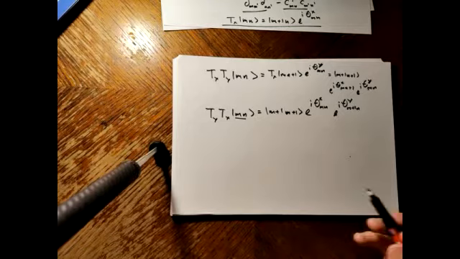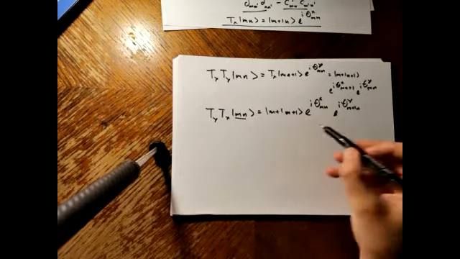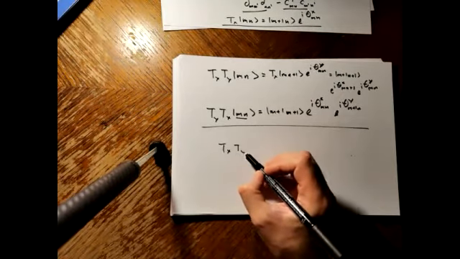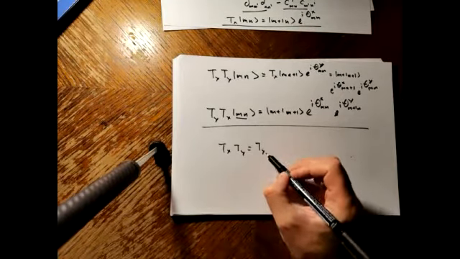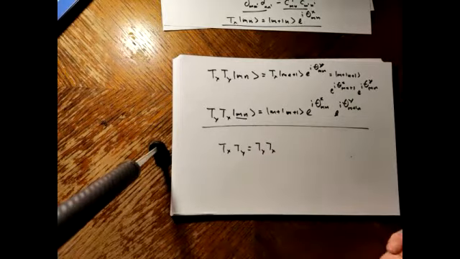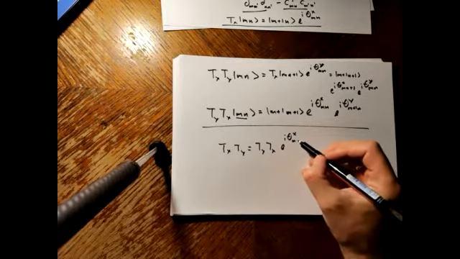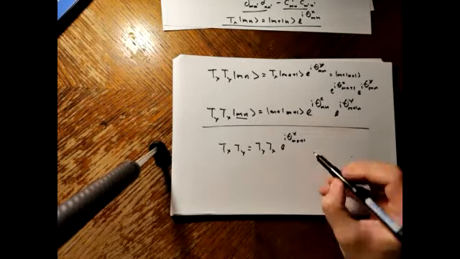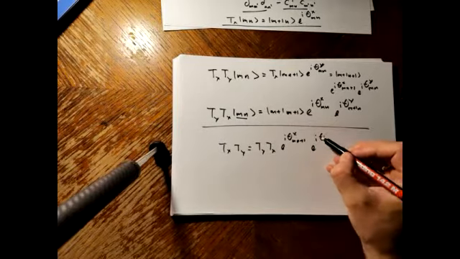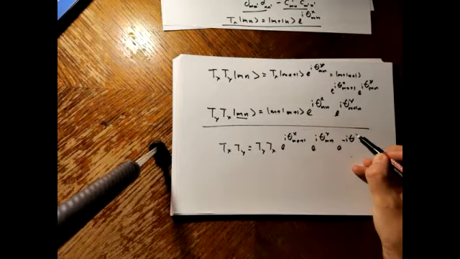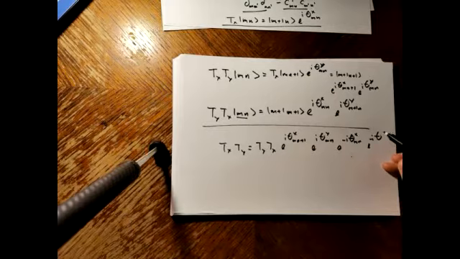Okay, so I can actually write, based on this, I can concatenate this result as Tx Ty is equal to Ty Tx e to the i theta x m n plus 1, e to the i theta y m n, e to the minus i theta x m n, e to the minus i theta y m plus 1 n.